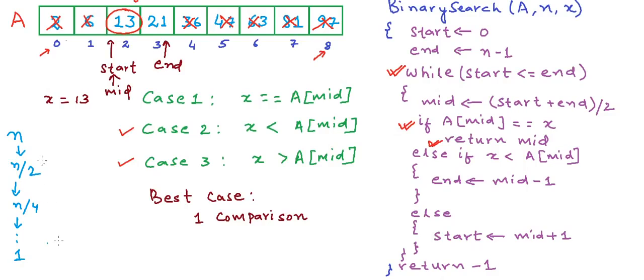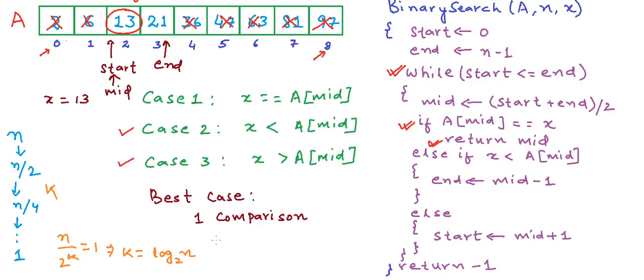Now how many steps does it take? Let's do some maths here. Let's say it takes k steps to reduce n to 1 by dividing by 2 at each step. So n by 2 to the power k will be equal to 1. And if you solve this, then k will be equal to log of n. The base will be 2.